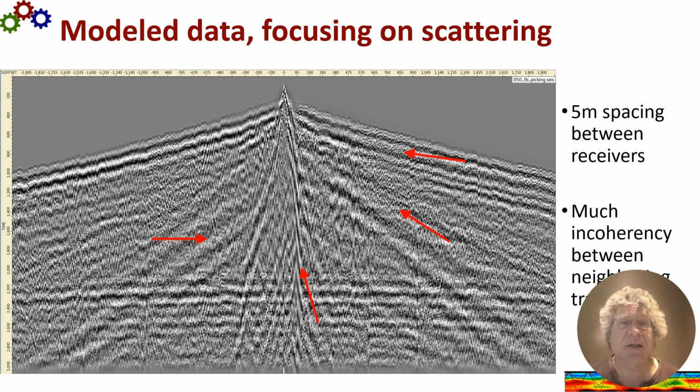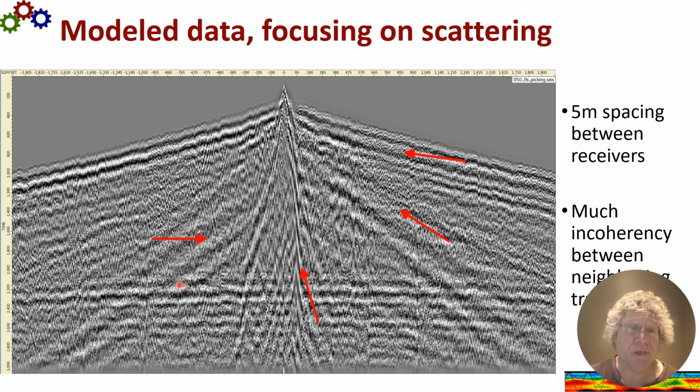So here's synthetic model data, and this focuses on scattering. You see very little coherency between neighboring traces. And here we actually have 5 meter spacing, so fairly small spacing between receivers. There are some refraction multiples here and here, but they're really not that strong.